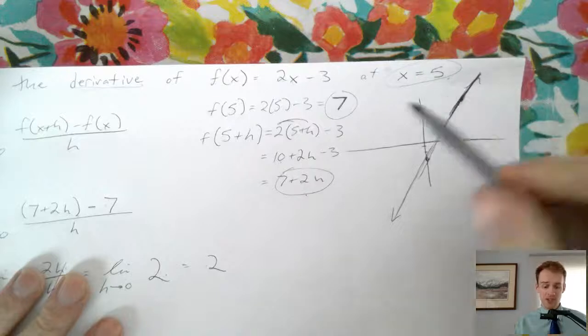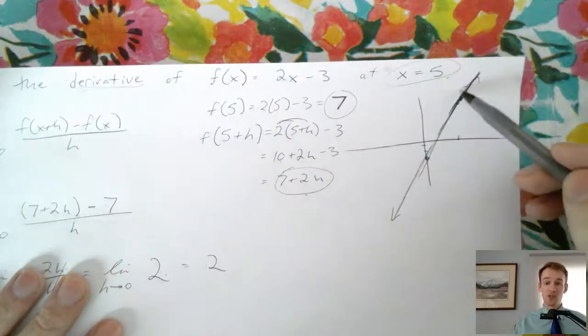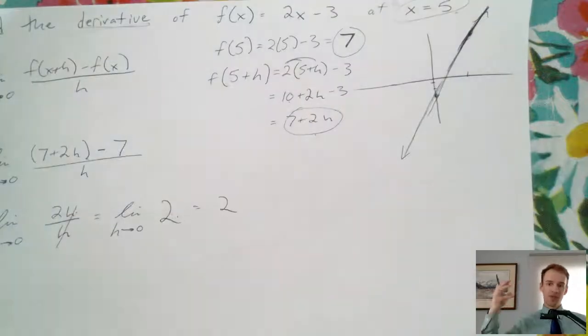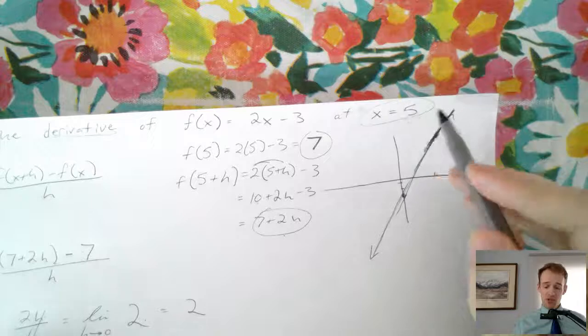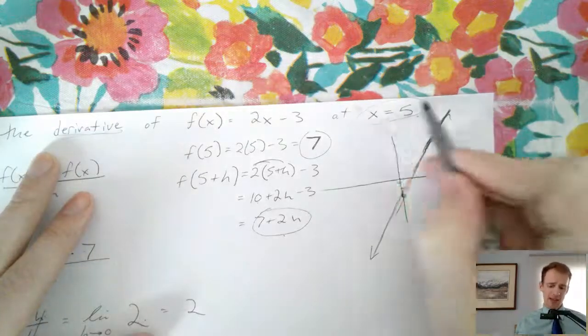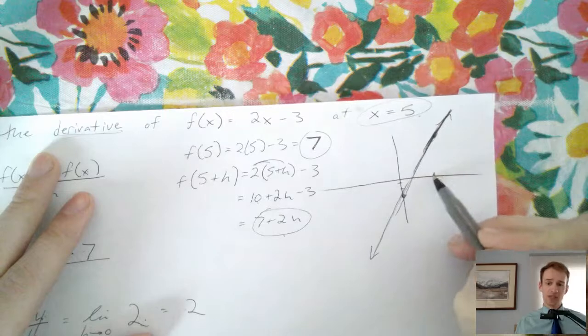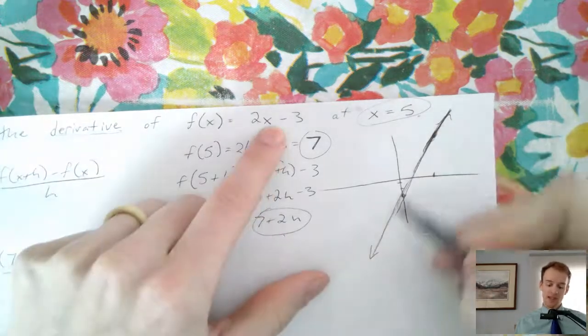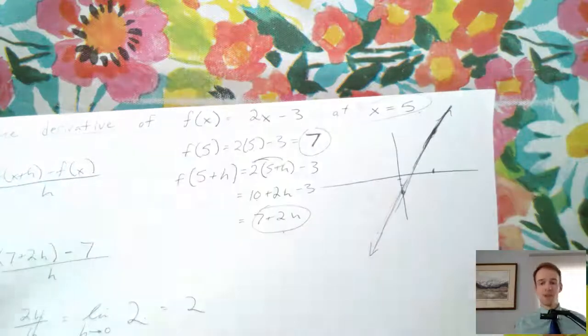Since this line has a slope of 2, we expect its derivative at every single point to be 2, because you can think of the derivative as the slope of the function at that given point. So we proved with calculus something that we already knew, that at x equals 5, the slope of my function, which was just a line, is 2. But we know that's the slope everywhere on that function.